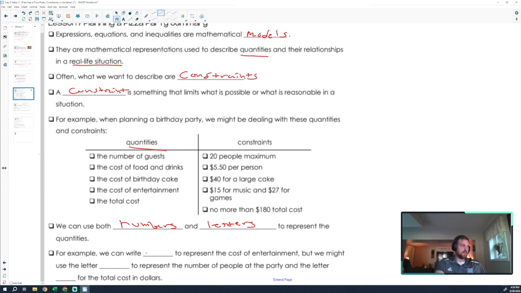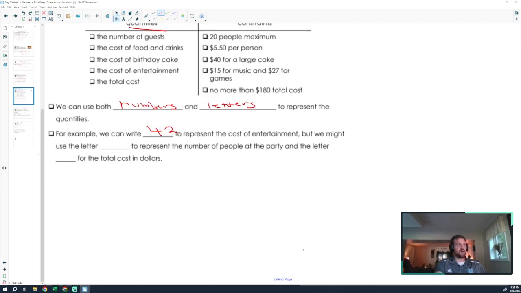For example, we can write 42 to represent the cost of entertainment, but we might use the letter N to represent the number of people at the party, and the letter C for the total cost in dollars. So variables we try to write with letters. Things that we know are going to be certain we can write as numbers.